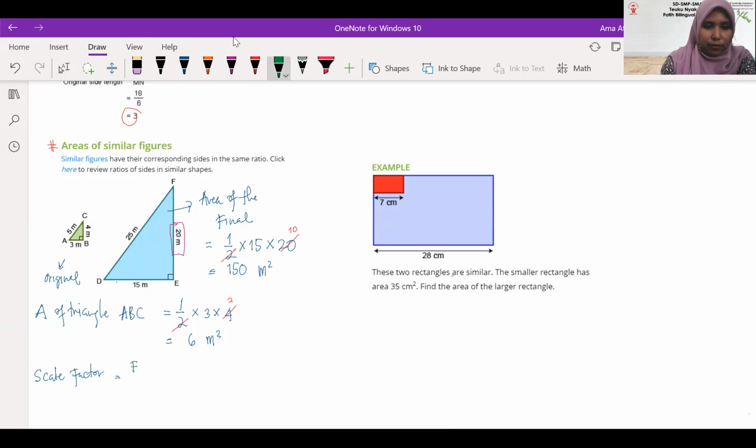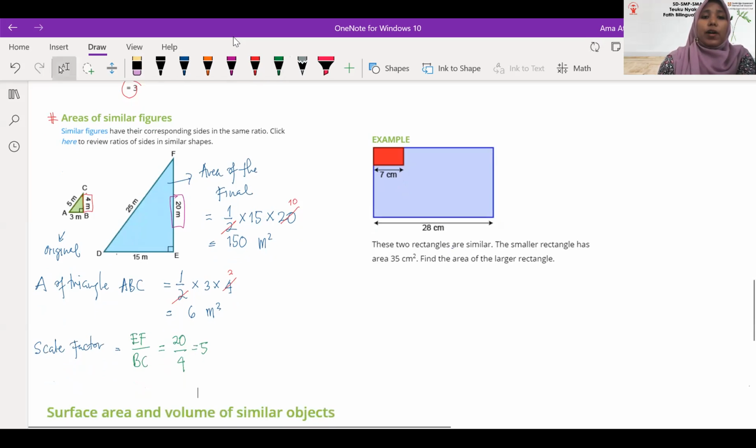If EF corresponds to BC, right? Yes, it corresponds to BC. So EF is 20, BC is 4, so it is 5. So the scale factor is 5.